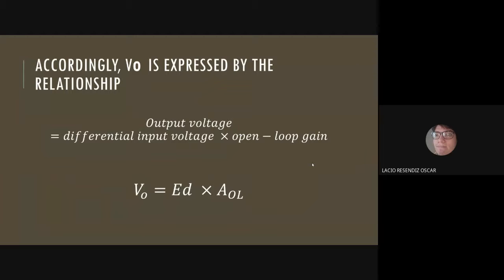Accordingly, VO is expressed by the formula: the output voltage is equal to the differential input voltage multiplied by the open loop gain.